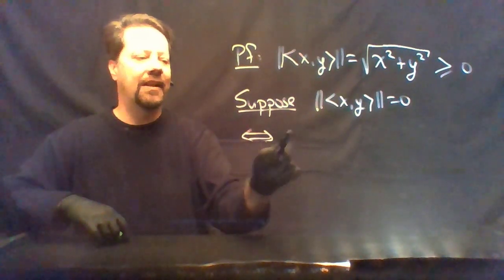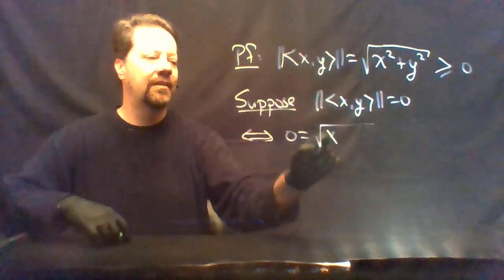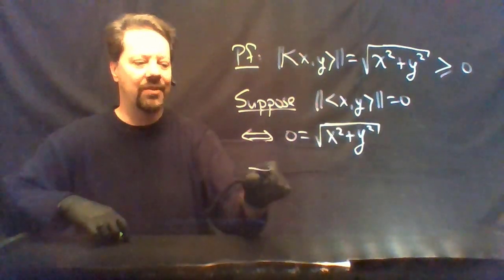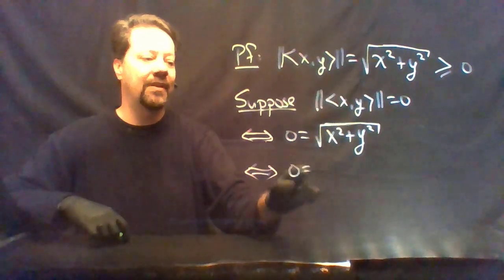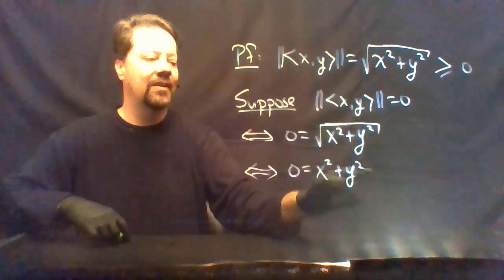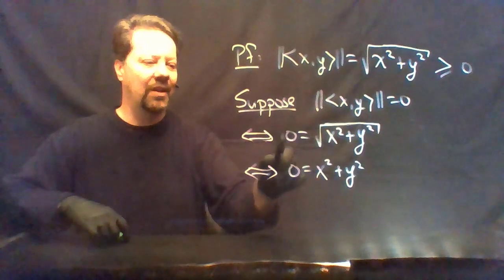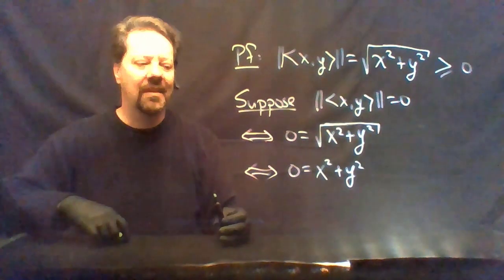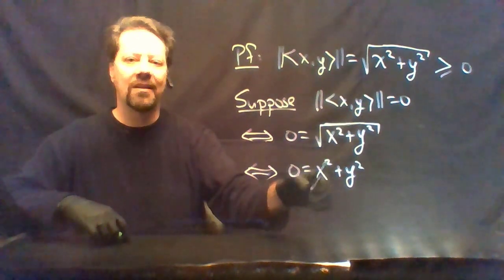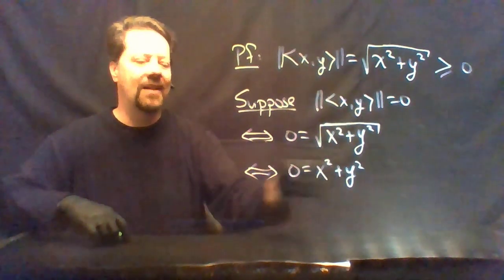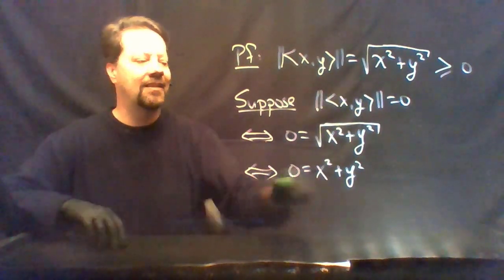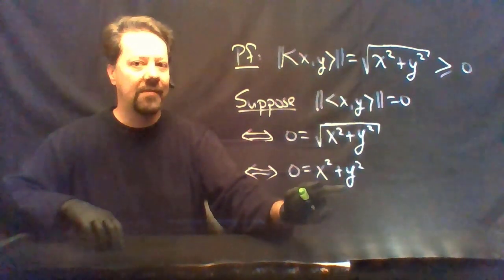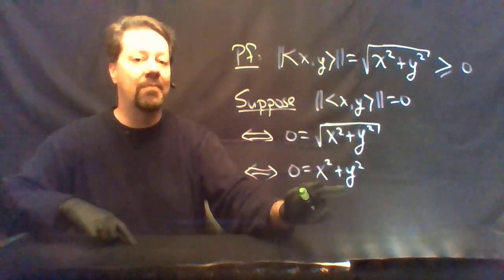That's true if and only if 0 is the square root of x squared plus y squared, which is true if and only if 0 is x squared plus y squared. The only way you can get a 0 square root is if the thing under the radical is 0. But wait a minute, x squared is not negative, and y squared is also non-negative. If you add two non-negative things together and get 0, both terms going into that sum must in fact be 0.